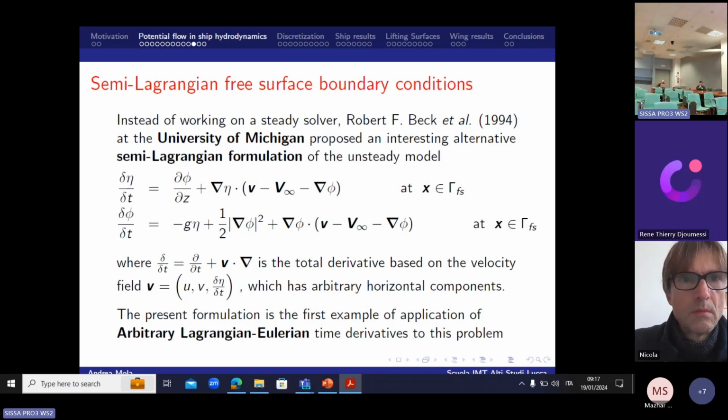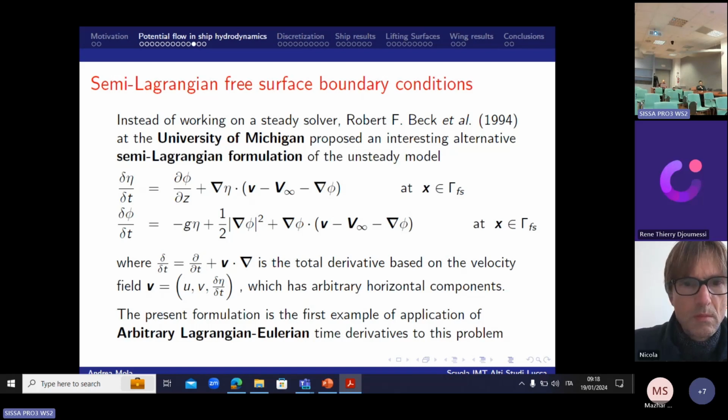A good hint was the fact that at Michigan University, Robert Beck proposed a method which entailed time derivatives that were designed to have arbitrary horizontal velocity and a vertical velocity, which was to be computed, able to keep the markers, the free surface nodes, on the free surface.